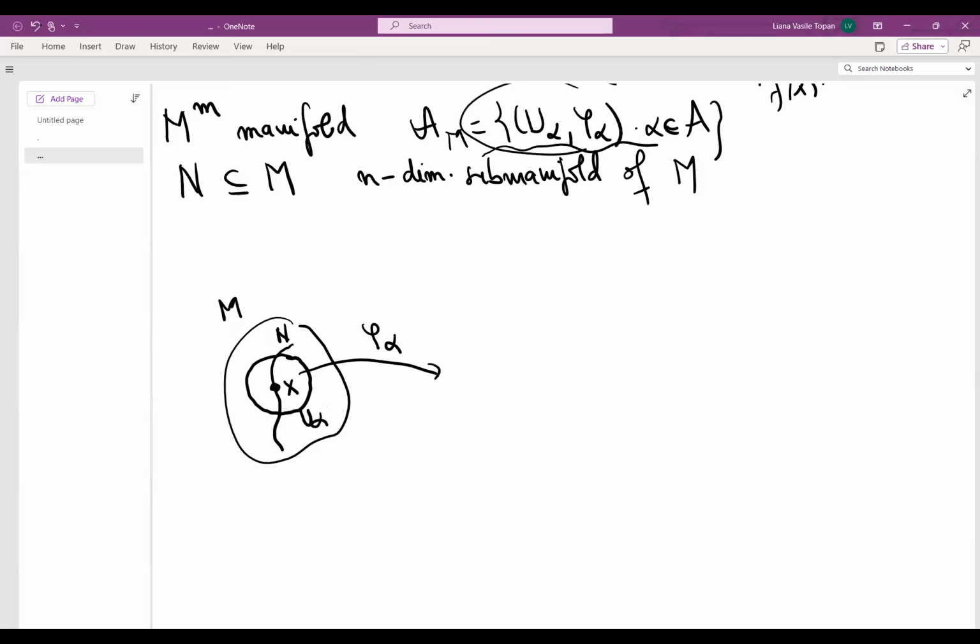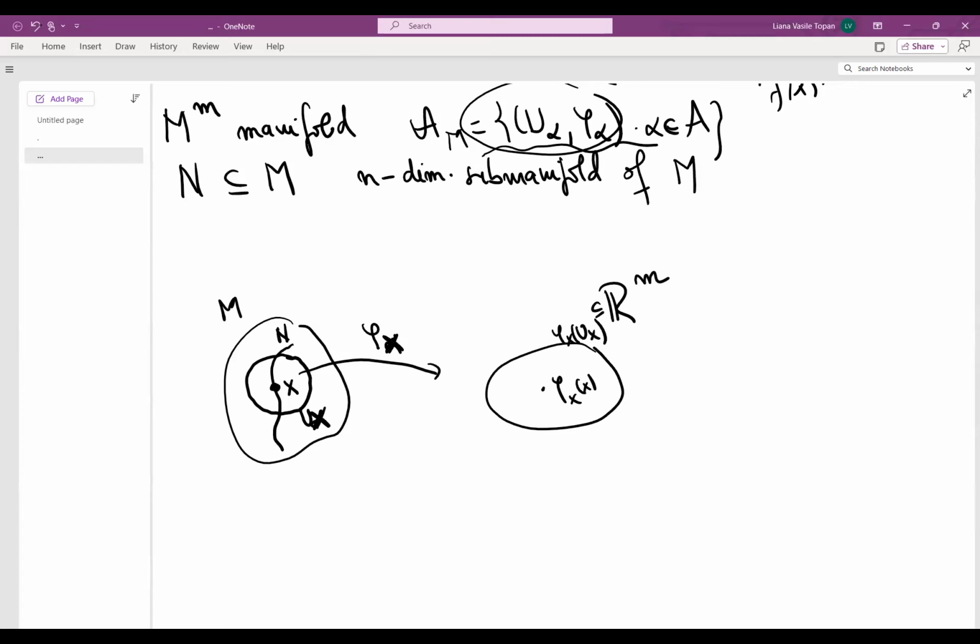Now, from the fact that M is a manifold, this homeomorphism will go into an open subset. So phi alpha, let me call it phi x to show that it's related to the point x there. So phi x of U x will be an open subset of R m, right? Because we have an m-dimensional manifold.